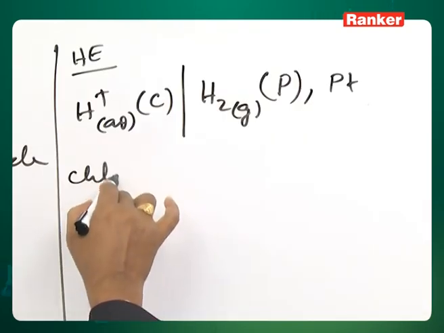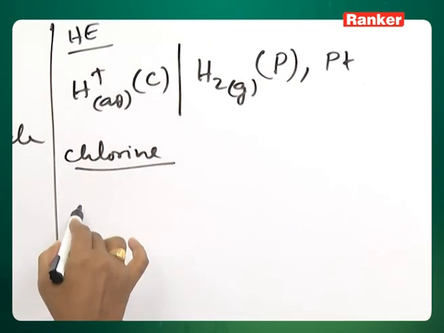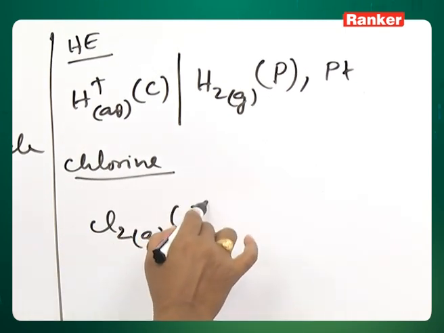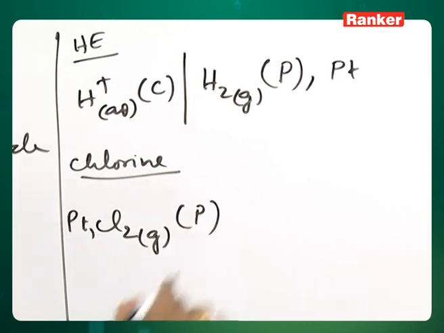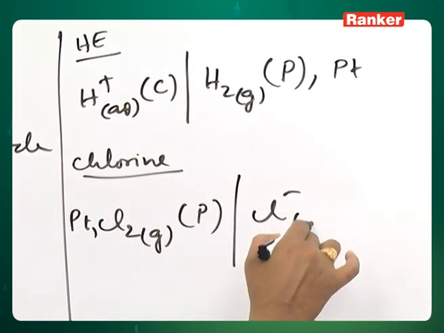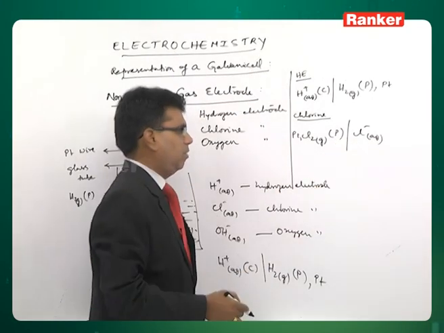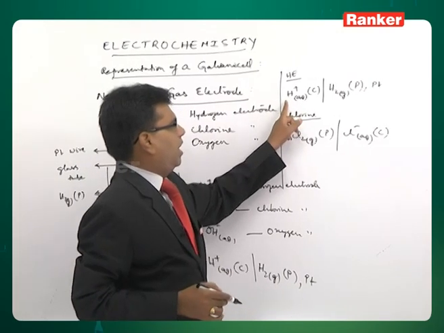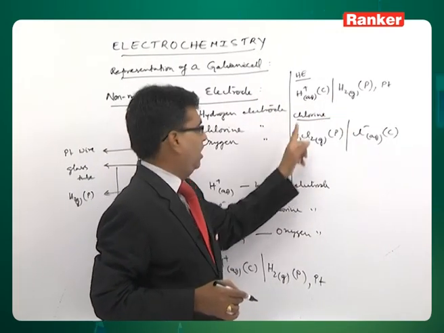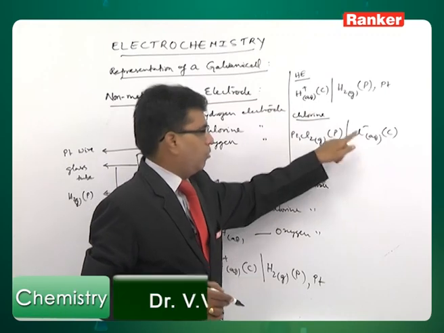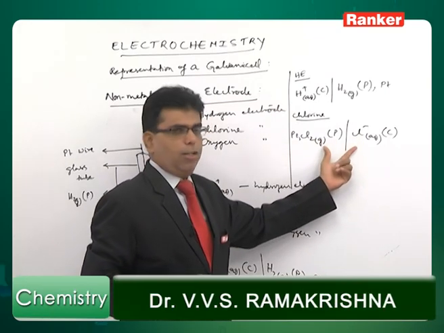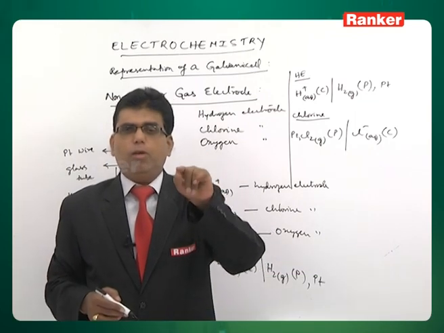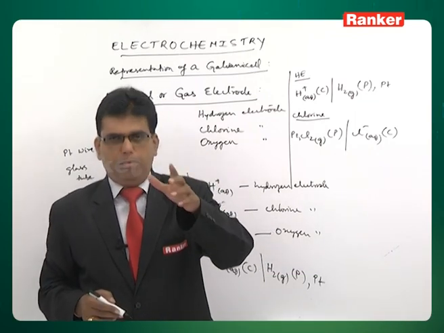Chlorine electrode, the representation is chlorine gas at a pressure P with platinum wire inserted in it, and chloride. Here the ion comes next, because here hydrogen ion is reduced to hydrogen gas, here chlorine gas is reduced to chloride. So, I am writing according to IUPAC, the standard is that we should represent any electrode in reduction form.